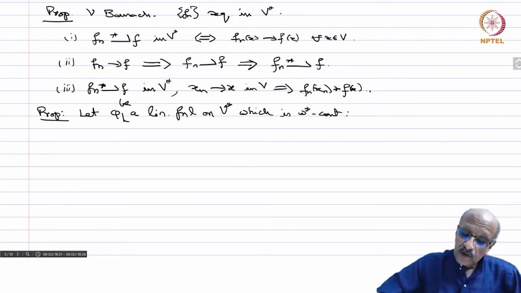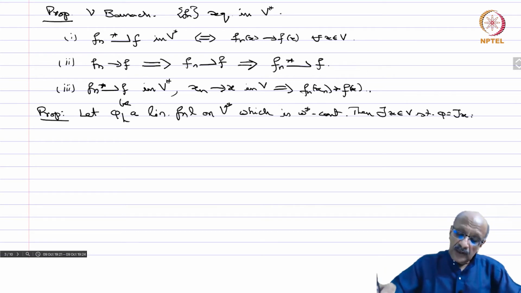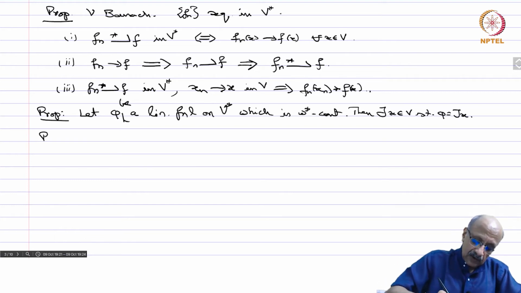It means continuous with respect to the weak star topology. Then there exists x in V such that phi equals jx. So these are precisely the functionals which will be continuous with respect to the weak star topology. There are no other linear functionals which can be continuous.